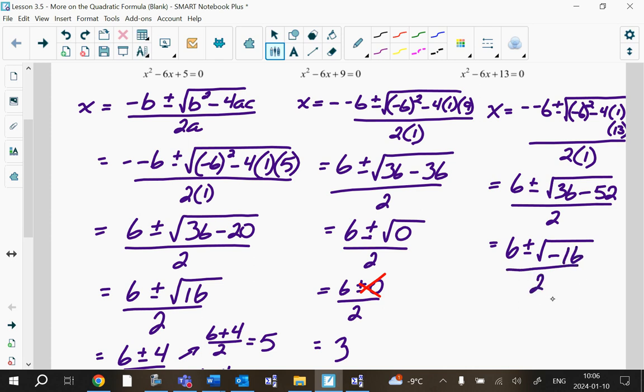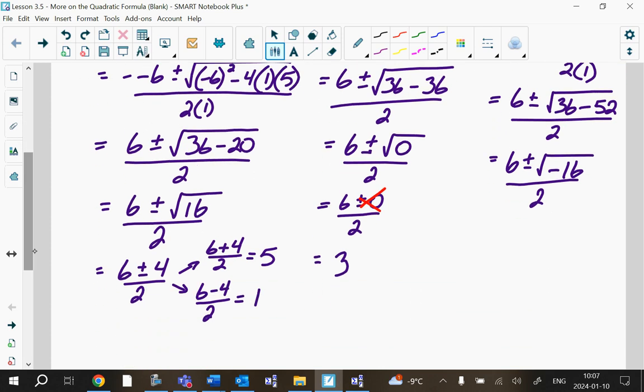Now what? You can't take the square root of a negative number, which means you can't figure out a number here, or numbers. Not 0. No solution. Okay? This tells you that there's no solution.